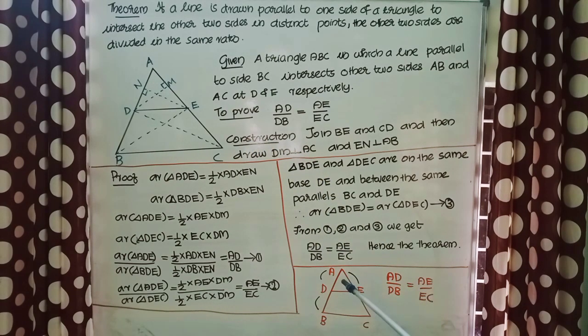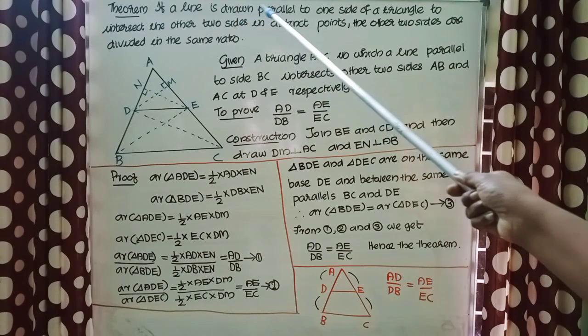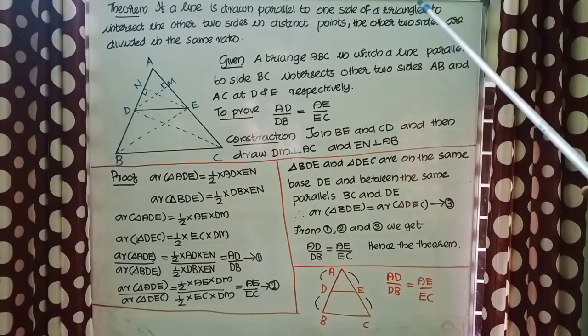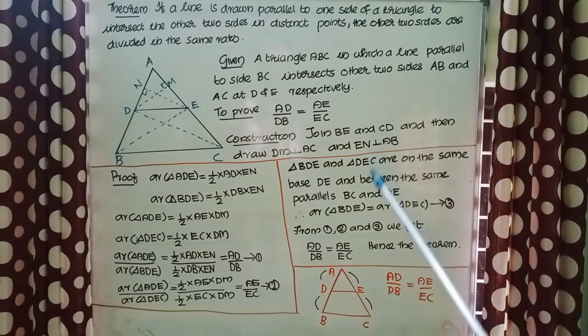In the corner you can see triangle ABC. And it is given in the statement, if a line is drawn parallel to one side of a triangle. Here you see DE is a line which is drawn parallel to side BC. So these lines DE and BC are two parallel lines.